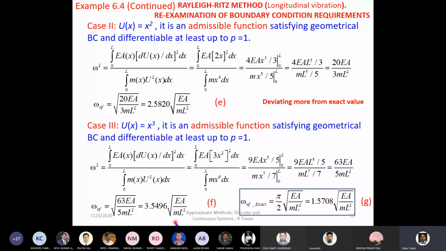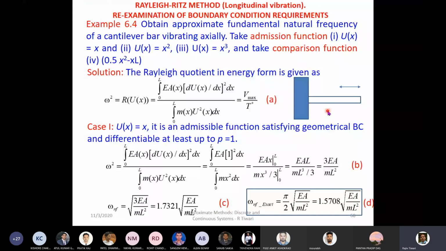Here it is deviating much more. So what is happening here is that with an admissible function, if we increase the order, it is not necessary that we improve the solution. Even x gives a much more accurate result as compared to that.